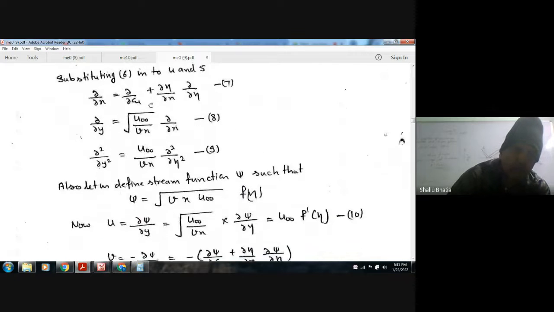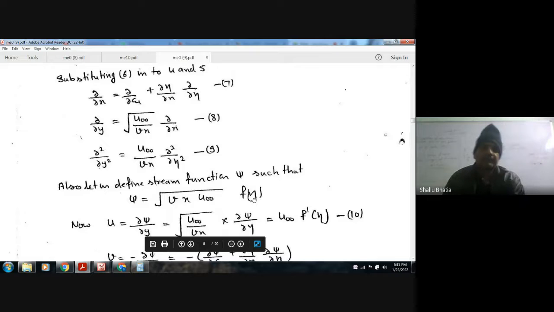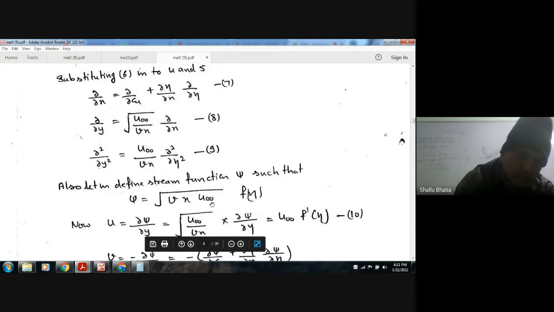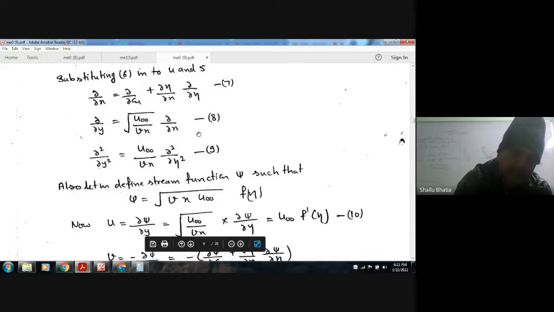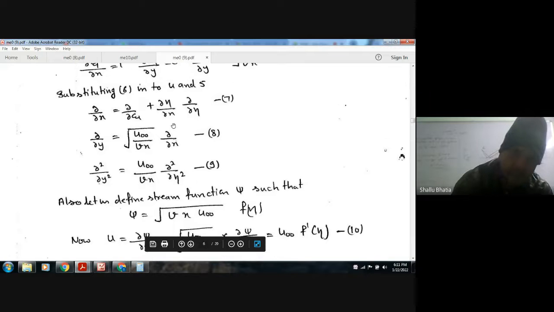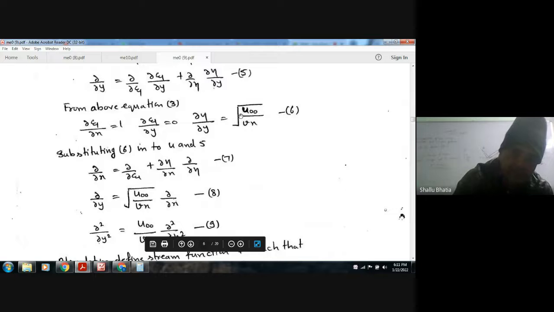Now he also defined the stream function as ψ = root(νx u infinity) times f(ζ). So this u we know is ∂ψ/∂y, and ∂ψ/∂y is nothing but ∂ψ/∂ζ times ∂ζ/∂y, and ∂ζ/∂y is this quantity.